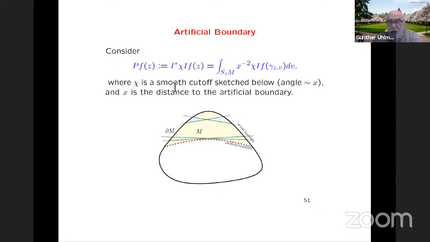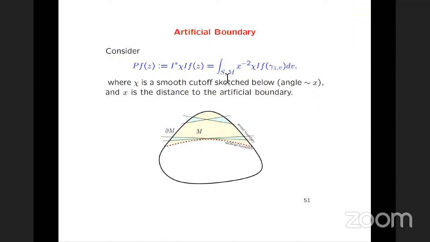We can write them explicitly, but it is singular now. At the point, these are all the directions here. This is the X-ray transform with the geodesics. This is the cutoff, and this is 1 over the distance squared. This integral is convergent.